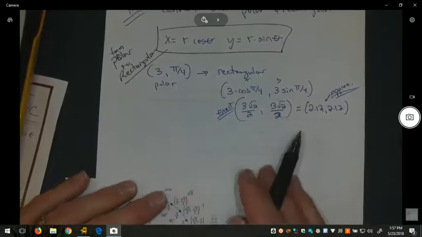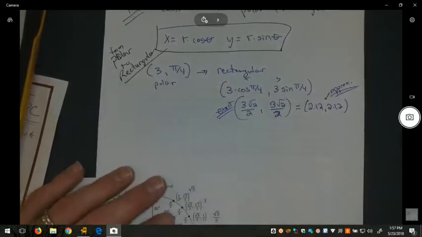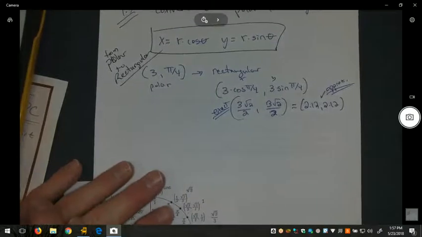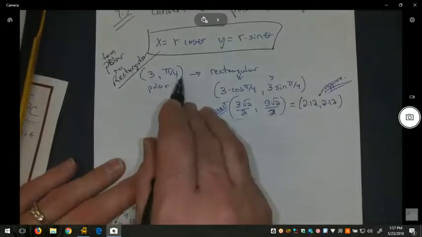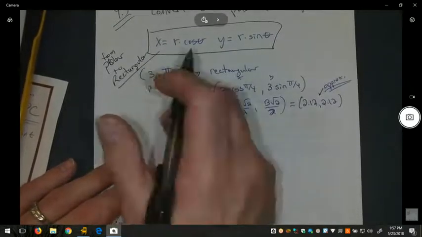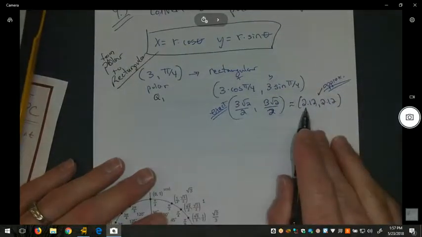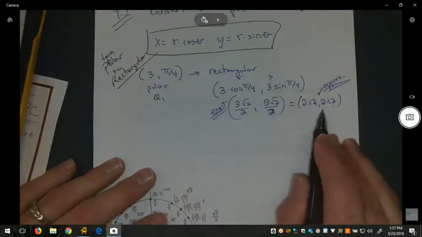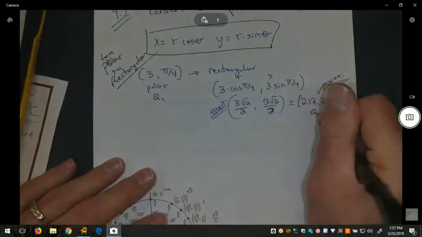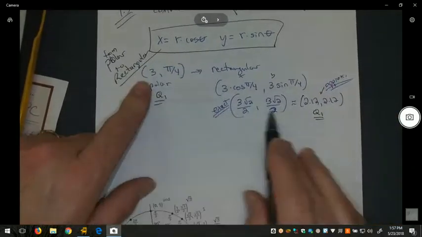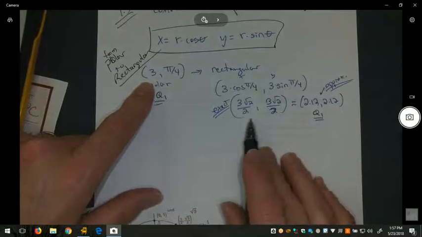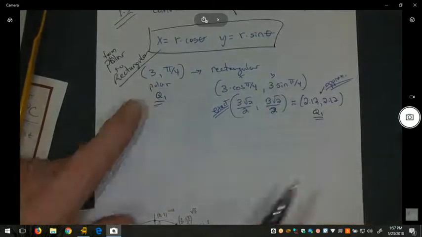It should in these cases when we're going from polar to rectangular. We have to be more careful when we're going from rectangular to polar. So this is pi over 4 and it's a positive radius, so I know that this is in quadrant 1. Positive 2.2 right, up 2.2, is also in quadrant 1. So I know that this point and this point are at least in the same quadrant. Hopefully I did the right calculation to get the right decimal value.